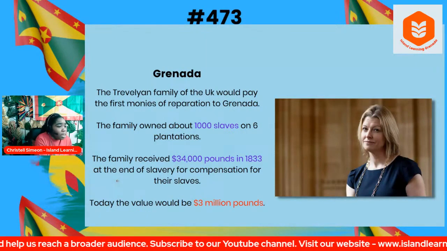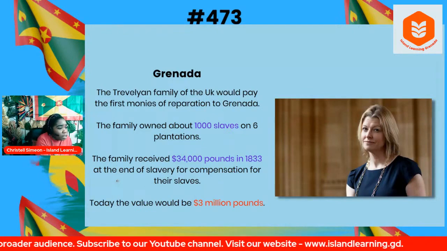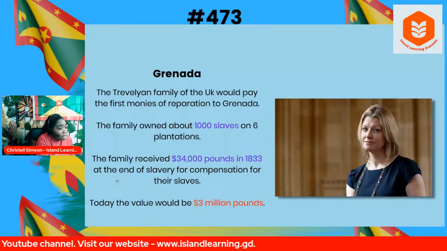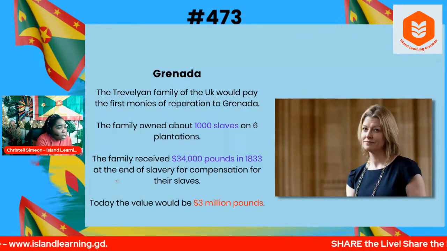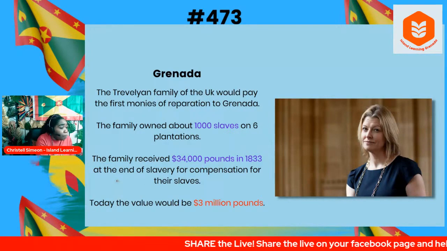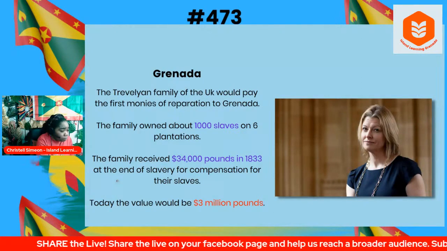That would be the value of the compensation that the Trevelyan family would have received for the 1,000 slaves, or property, which they owned in Grenada.